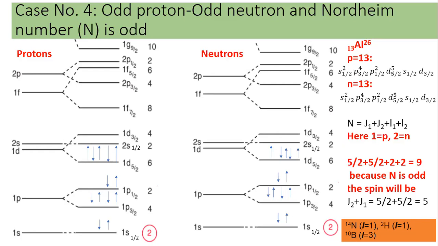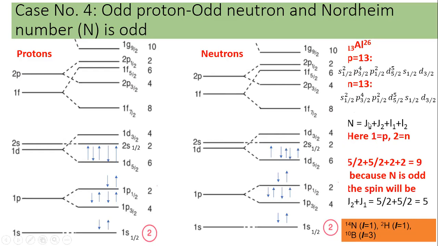So how can we calculate the nuclear spin in this case? Again, up to this point it is the same. You have to calculate the n number, which is J1 plus J2 plus L1 plus L2, with L for the proton and neutron.